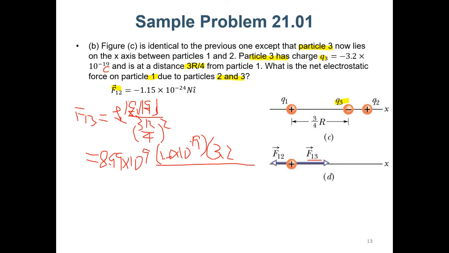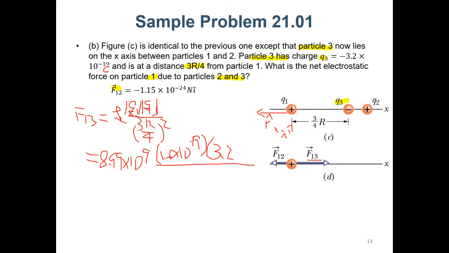So for Q1, our direction is somehow like this, which is actually minus i hat. You can also always believe the math, what you calculate, or you can use another way. You determine the direction by yourself.